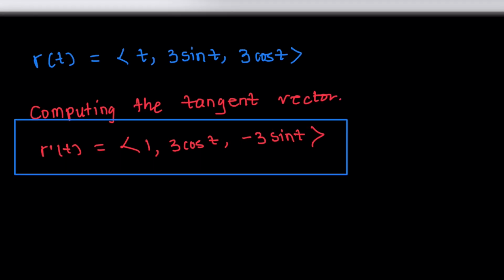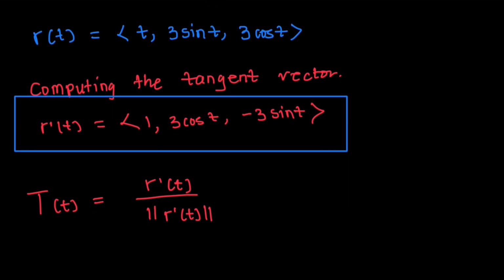Now let's move on to find the unit tangent vector. By definition, the unit tangent vector capital T of t is defined to be the tangent vector divided by its magnitude. So we first have to find the magnitude of the tangent vector.